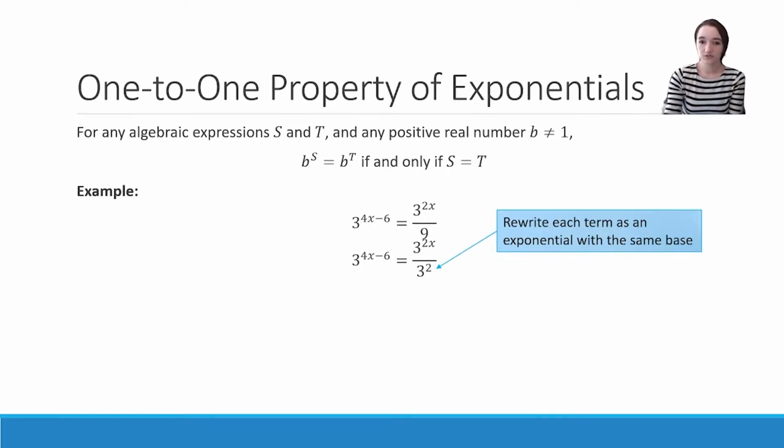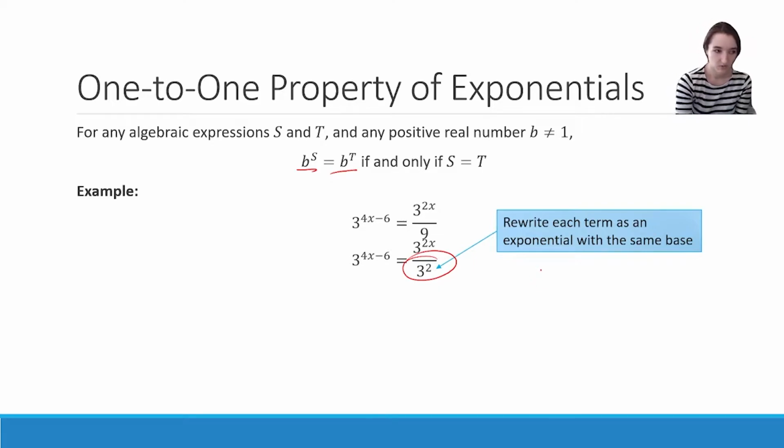Now, all of these things are just exponentials with a base of 3. But I can't apply the one-to-one property quite yet because it's not just one thing equal to another. There's still this division in there. But as I said at the end of the last chapter, we have a rule for exponentials that involves division. It's the quotient rule for exponents. Again, if you're rusty on your exponent rules, it's definitely something you're going to want to look into.